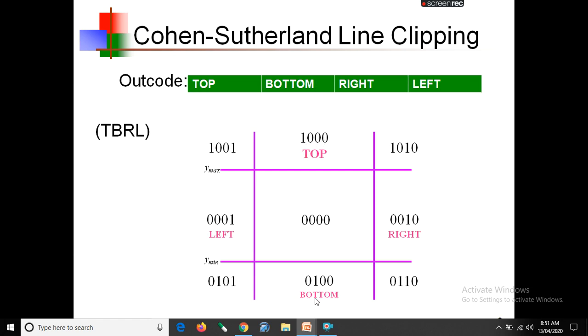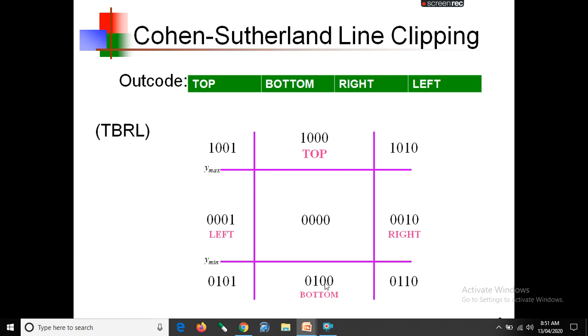As you can see, the bottom area: in the bottom area, the second bit position I substituted 1. Here the order is top, bottom, right, left. Now for the bottom value I substituted 1 and the remaining bits are all 0.